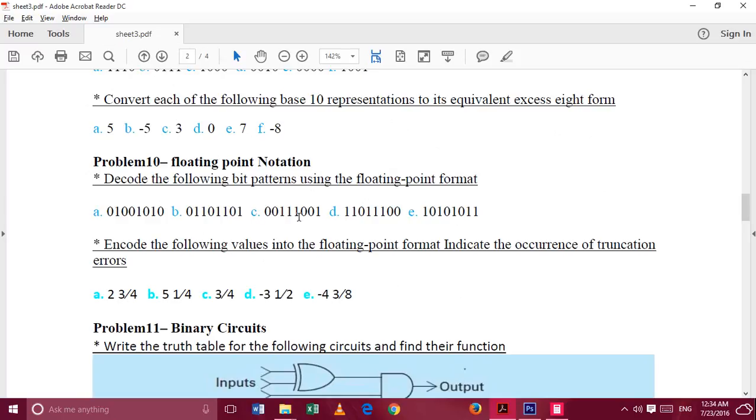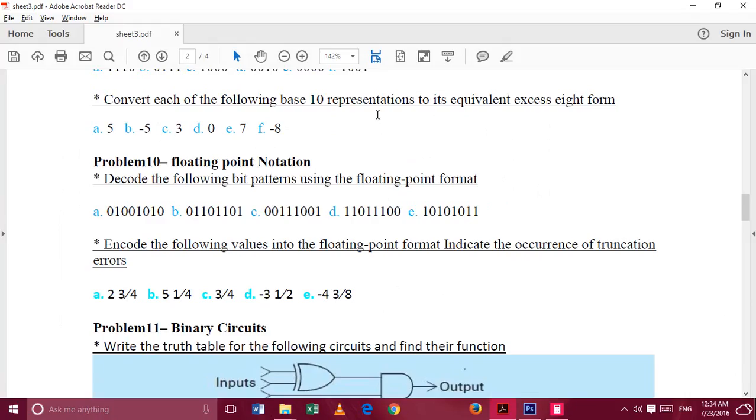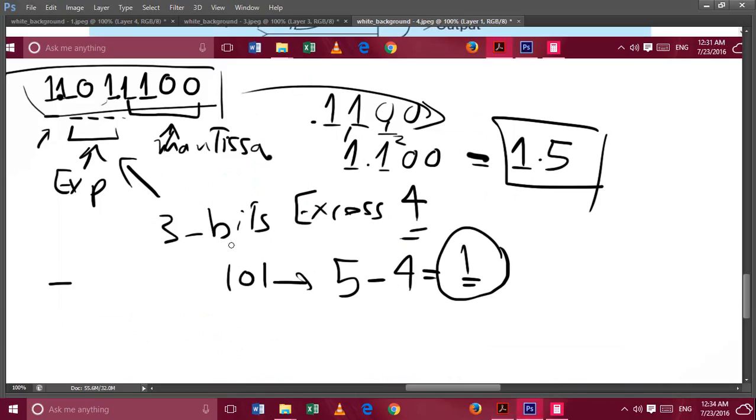Let's take this number here, which is 2 zeros, 1 1 1 0 0 1.